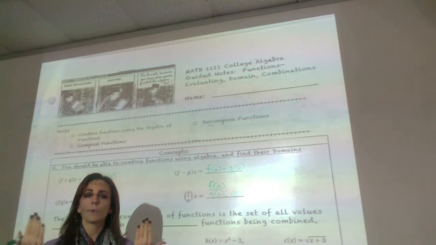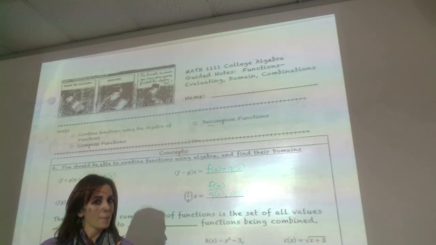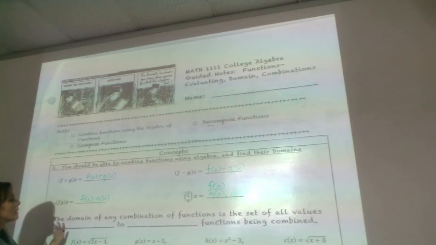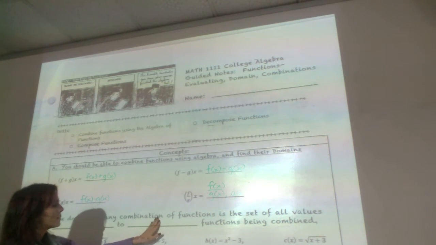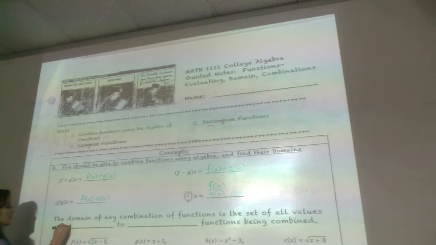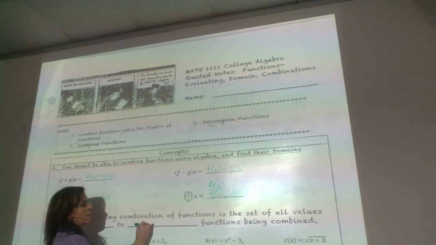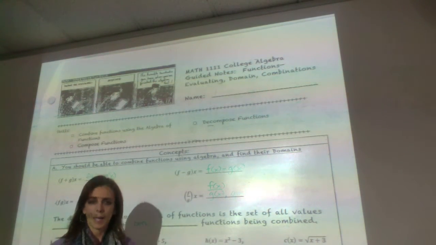The domain, when you put them together, is exactly where those domains overlap. The domain of any combination of functions is the set of all values that is common to both functions that are being combined.